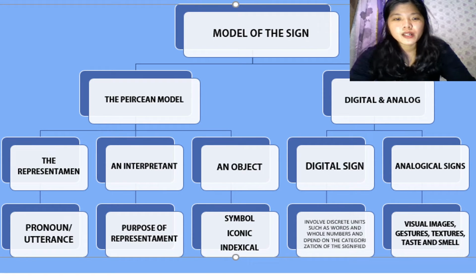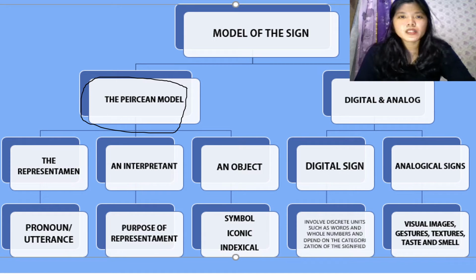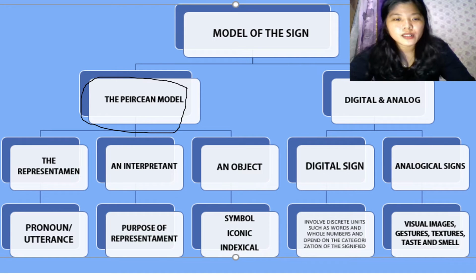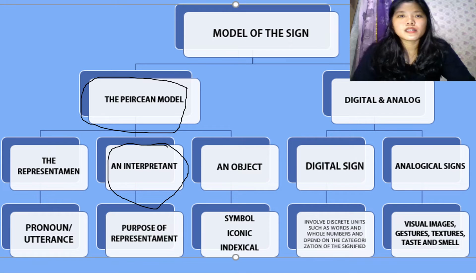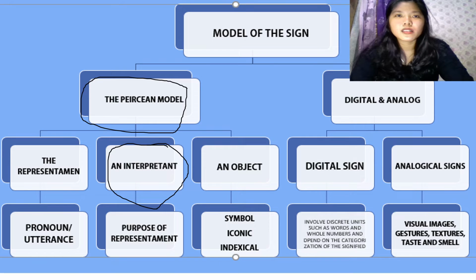The Peircean model: the representamen, the form which the sign takes, not as a material thing, and then an interpretant, not an interpreter but rather the sense made of the sign, and an object to which the sign refers. A sign is something which stands for somebody for something in some respect or capacity.